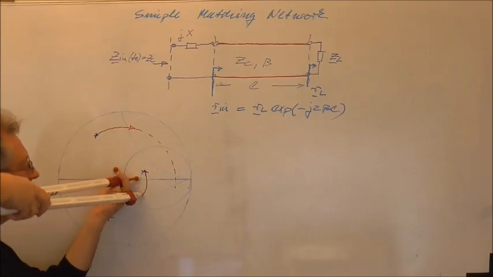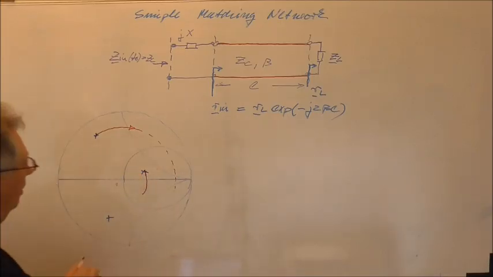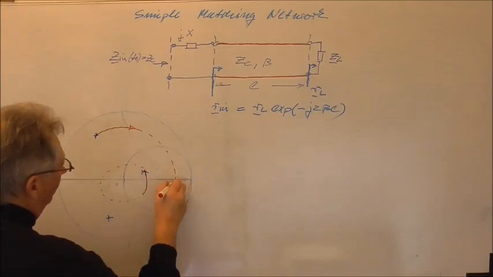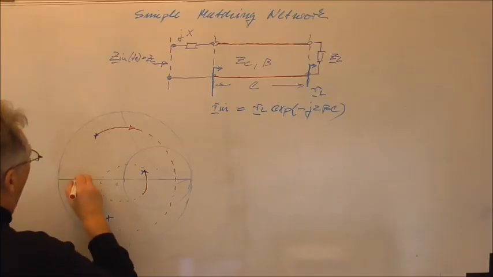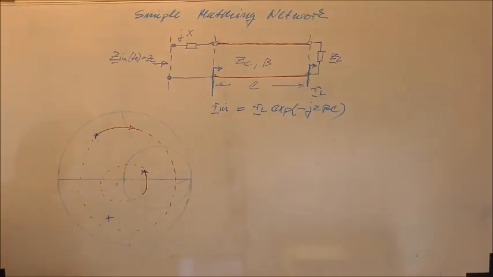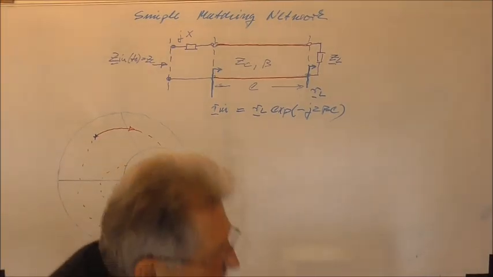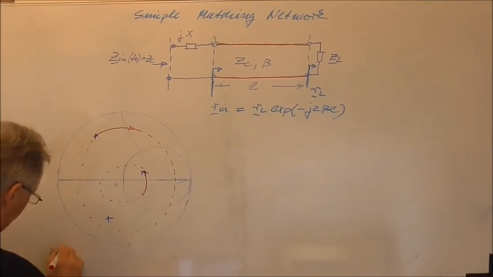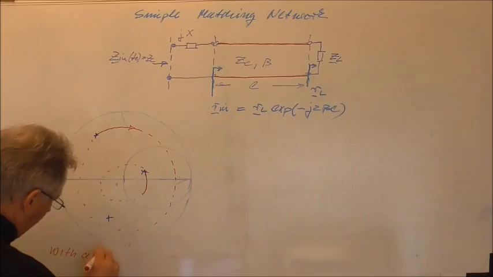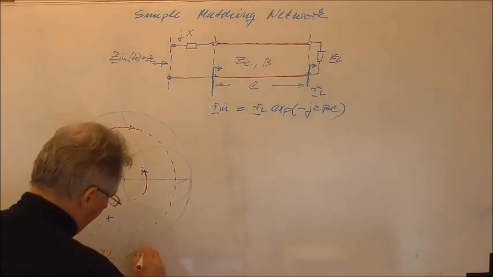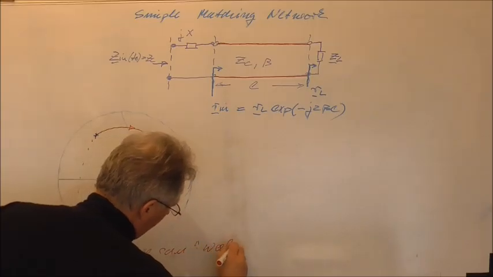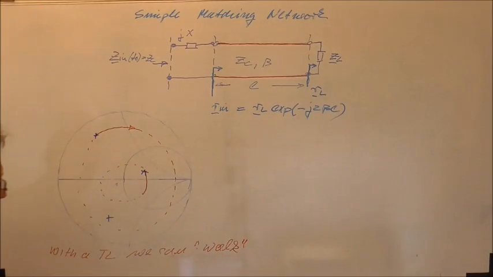We can always walk on a circle around our 1 point, a circle with constant ΓL absolute value. I call it walk.